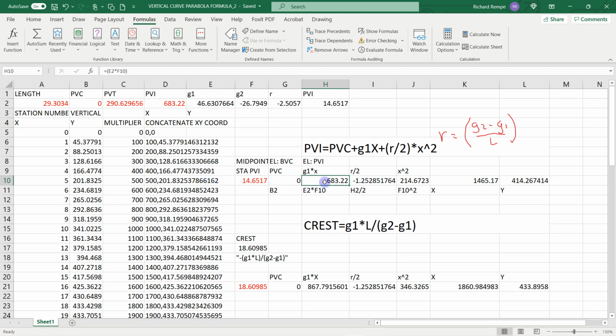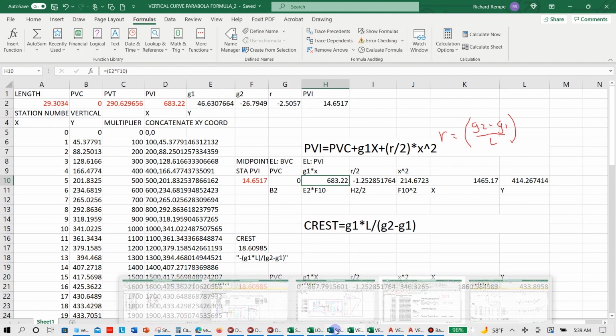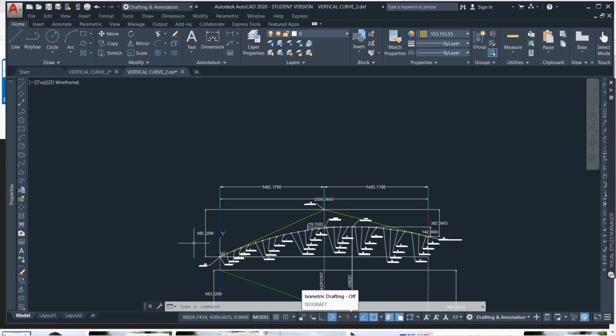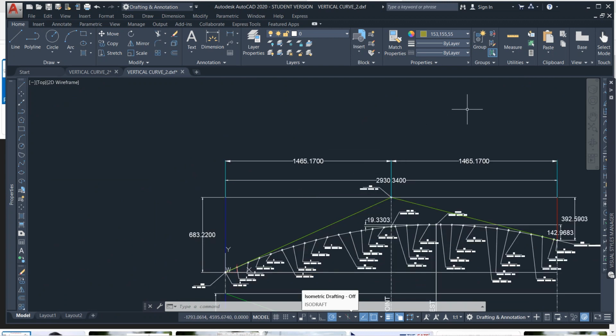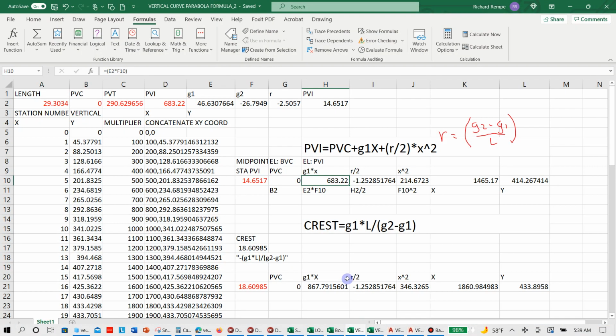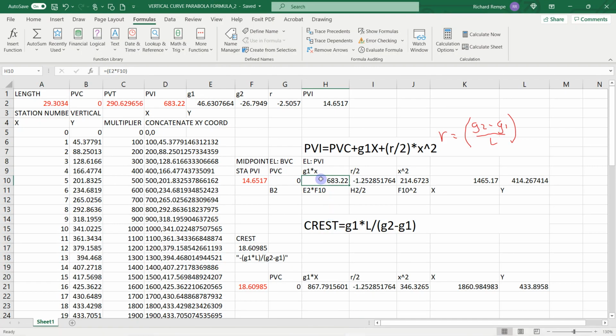So G2, E2 times F10. That's what the formula is there, and that'll give you the 683, which is part of the formula. So let's look at 683; that comes out to the vertical difference between these two. That's kind of important when you're doing this, G1 times X. People think it's just part of a formula, but it's good to know what that number is, right?